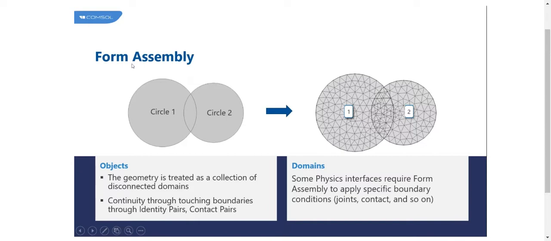So I can say form assembly provides one additional flexibility compared to form union, so that you can modify your boundary condition at the overlapping area.